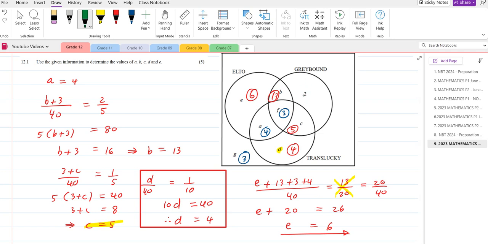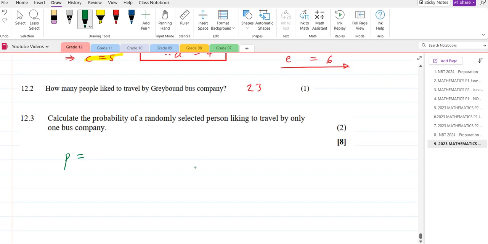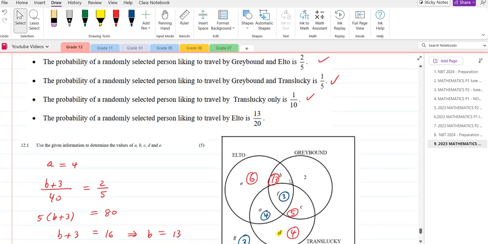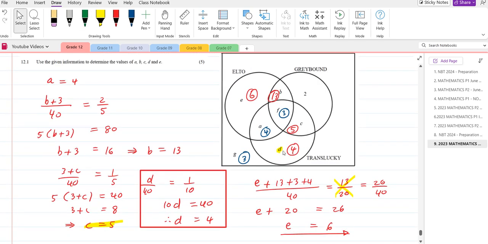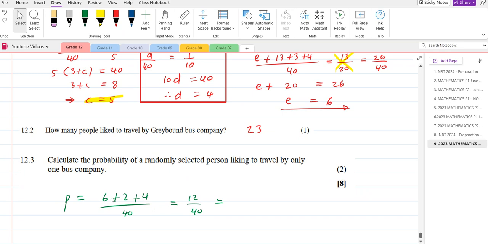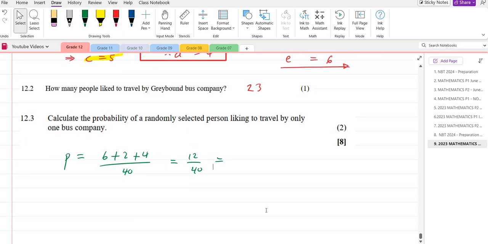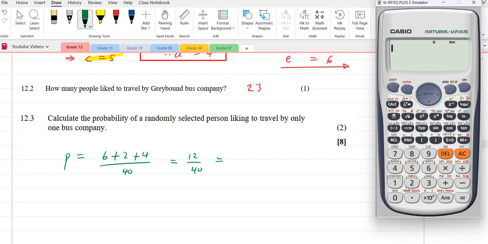So 6 plus 2 plus 4 divided by the total, which was 40. So we're getting 12 out of 40. We have 3 separate regions to add. And 12 divided by 40 is 3 out of 10.